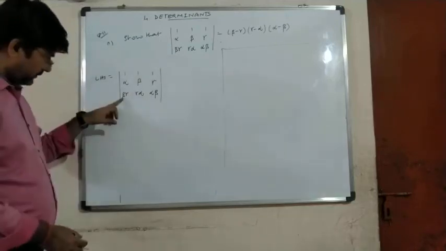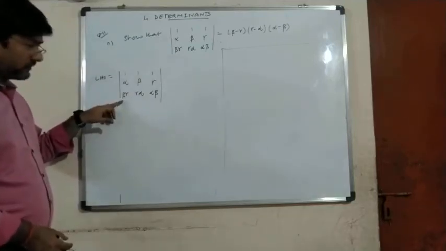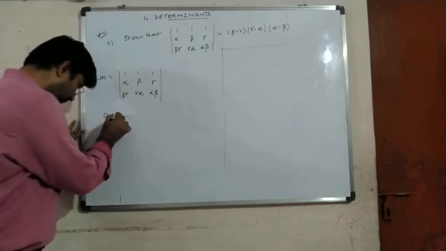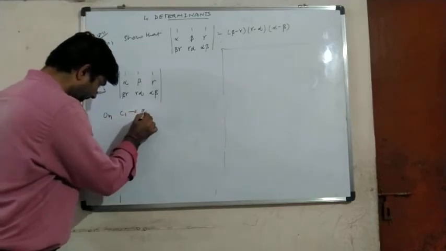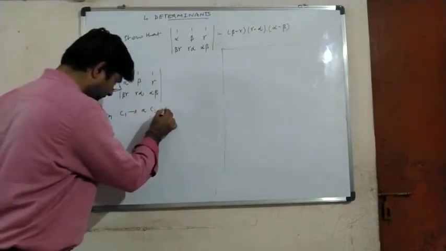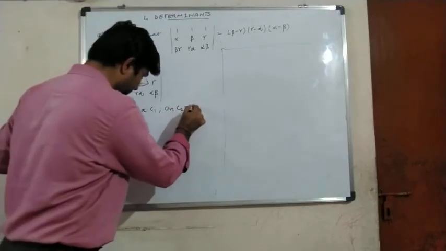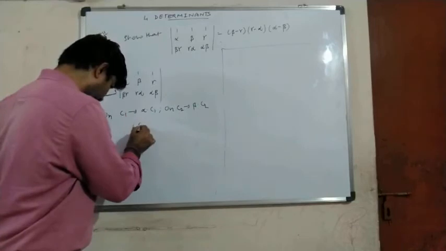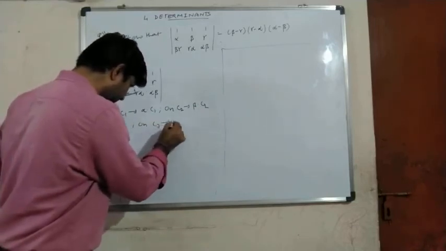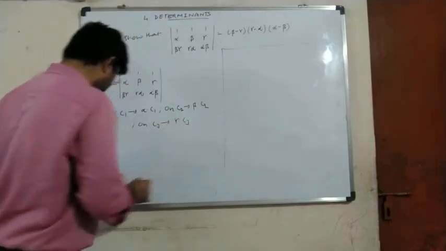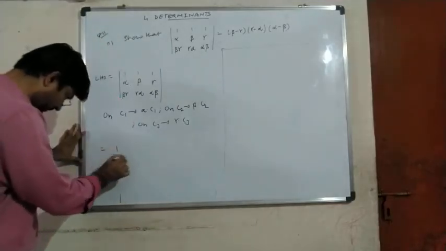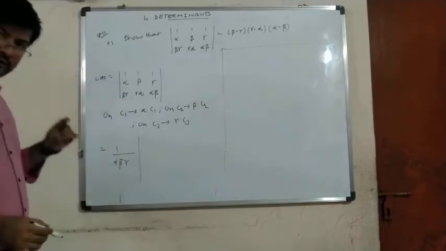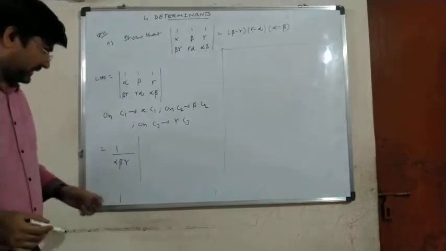Okay, so in order to bring here alpha, we will multiply the first column by alpha. So we will write C1 becomes alpha into C1, C2 becomes beta into C2, and C3 becomes gamma into C3. Okay, so remember a rule, when you multiply, then outside you have to divide also to keep the values unchanged, yes or no?